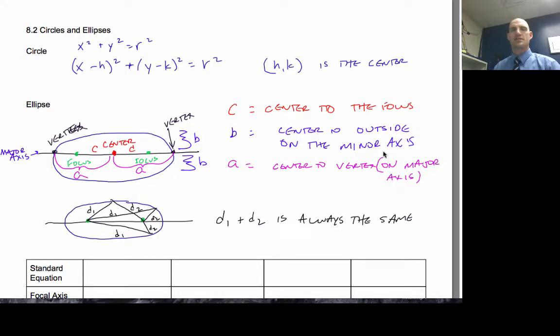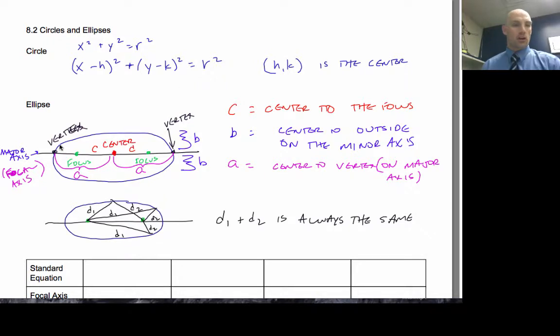And I'm putting that in parentheses because by definition the vertex is on the major axis, and those are the important points. The major axis can also be called the focal axis. So this can be called the focal axis also because it's got the foci on it.